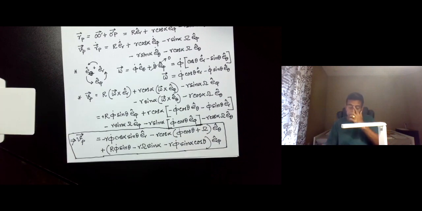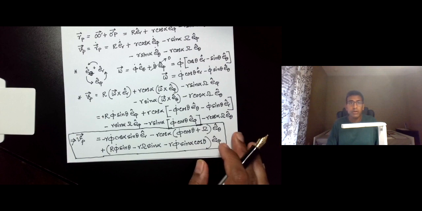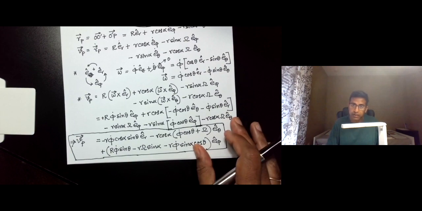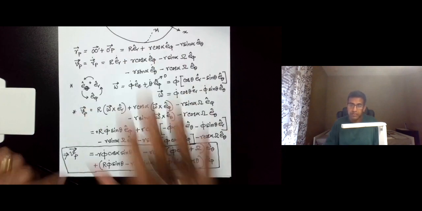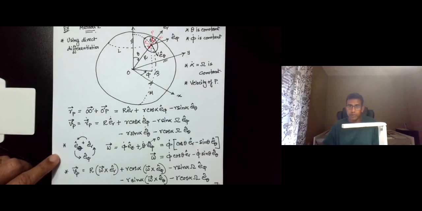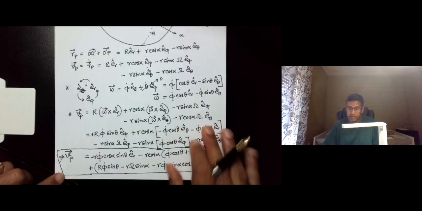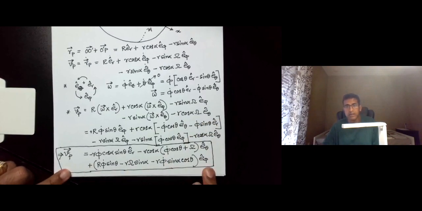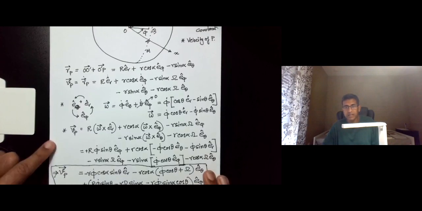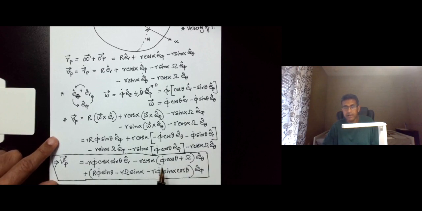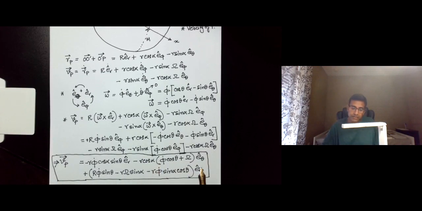Alright, and if you double check with what we have posted in the prior video where we solved this problem using the relative velocity approach, you will see that we came up with the same result. In this case, it turned out that the direct differentiation method was not bad at all.